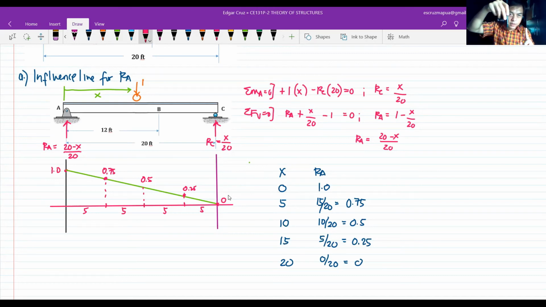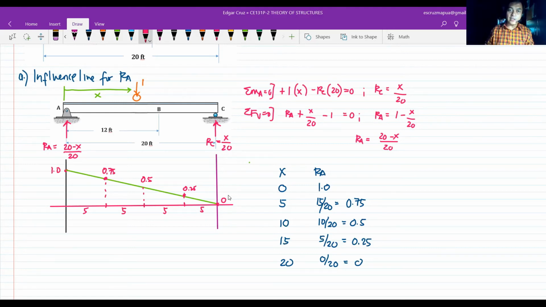When the unit load moves to 10 feet, the reaction at A is 0.5. When the unit load is at 15 feet, the reaction at A becomes 0.25. Then when the unit load is at point C, nasa dulo, at 20 feet, the reaction at A is 0. So, yun yung ibig sabihin ng influence line.